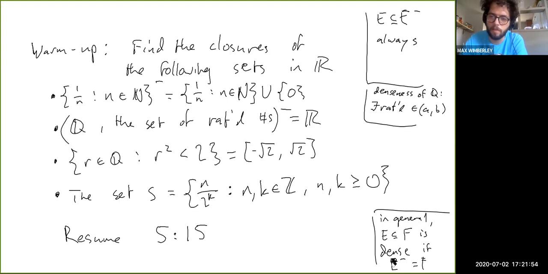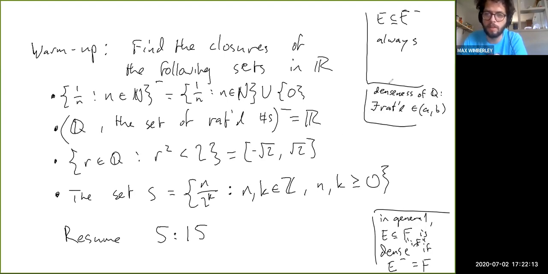Normally we would say a subset is dense in a metric space if the closure is the entire metric space. But this would be dense in F, I guess. Whatever, it doesn't matter.